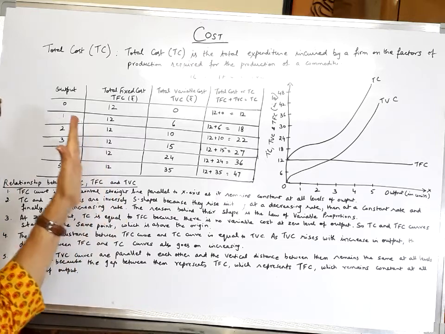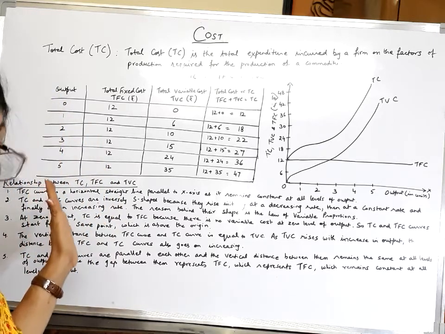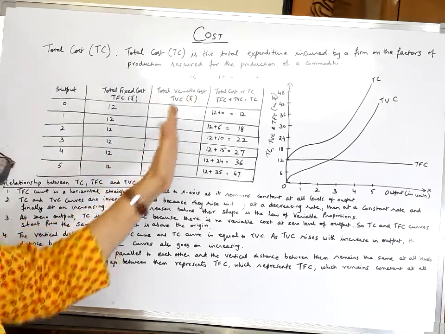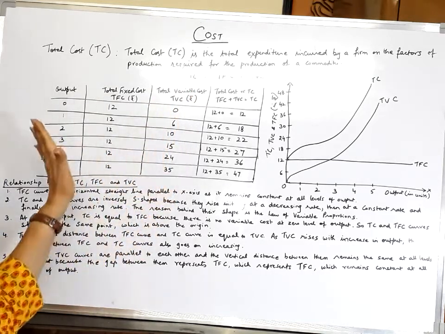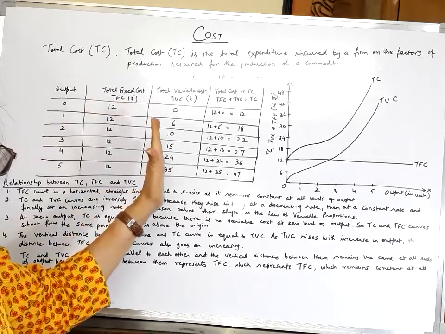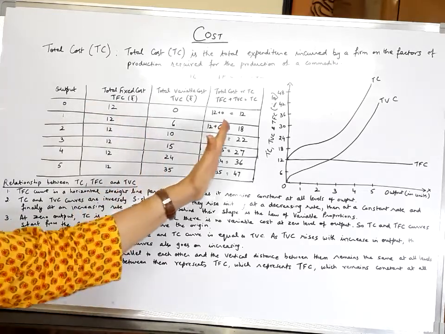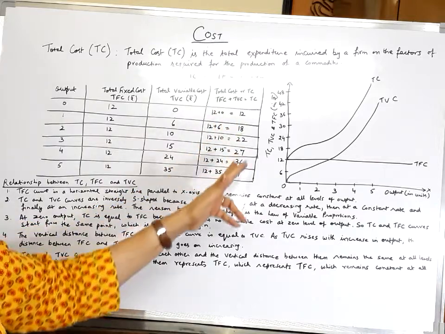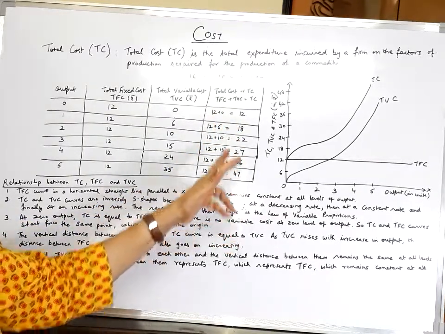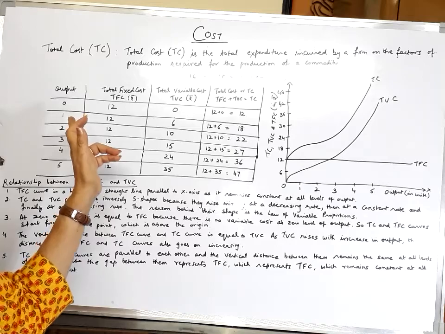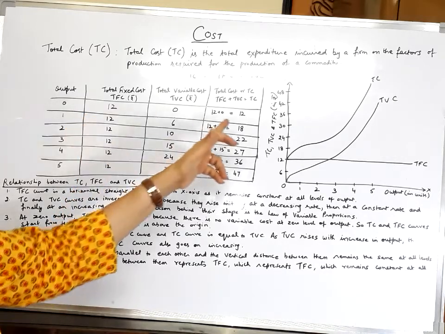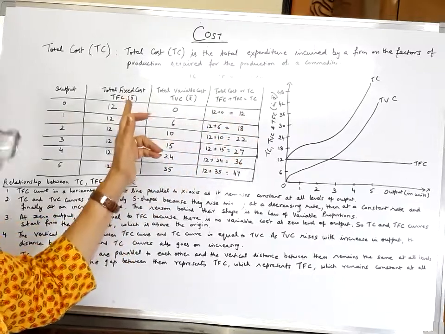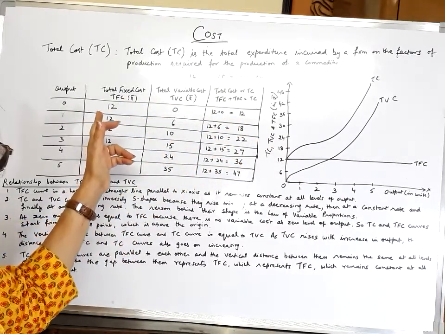In the schedule we have the units of output, then we have total fixed cost, total variable cost. These two are now summed in the fourth column, and we get our total cost column, where even at 0 unit of output the total cost will be 12 because total fixed cost was 12.